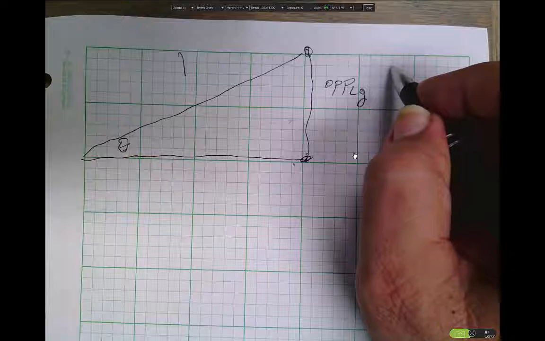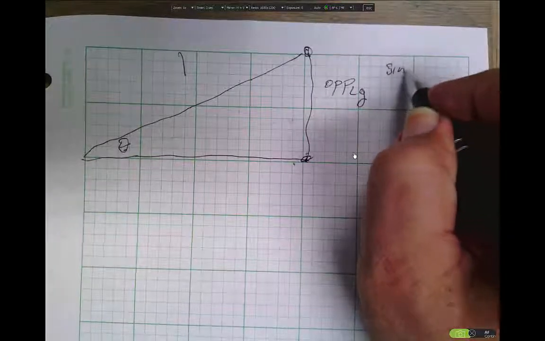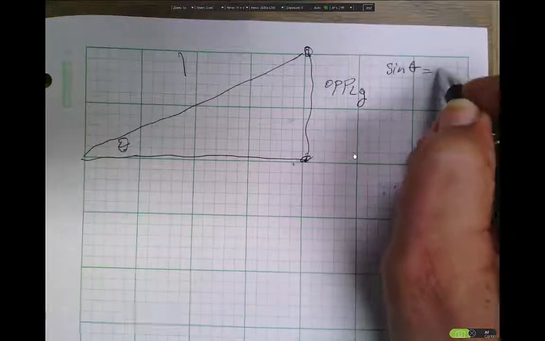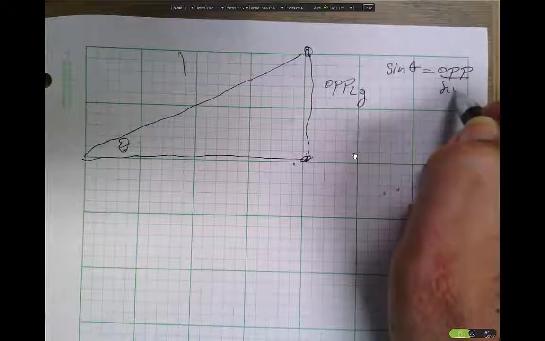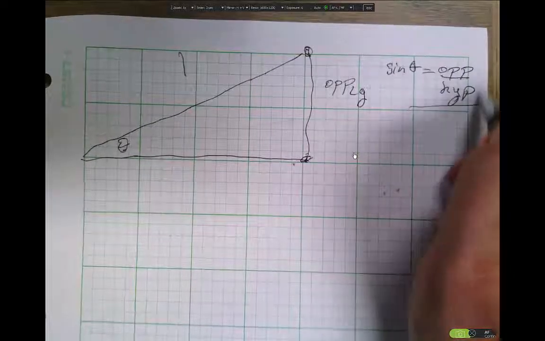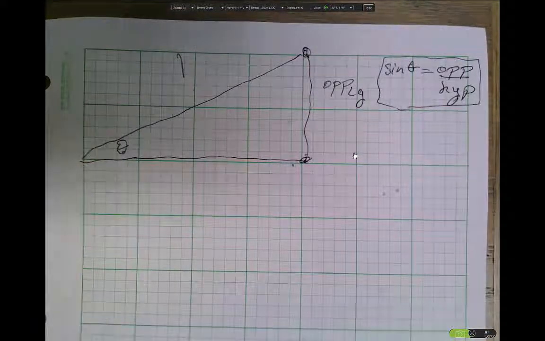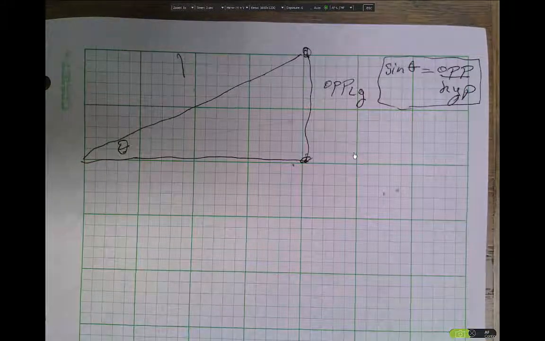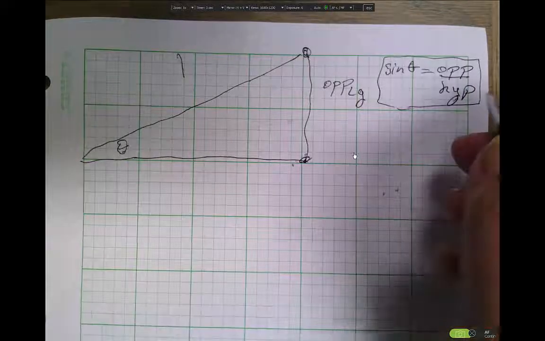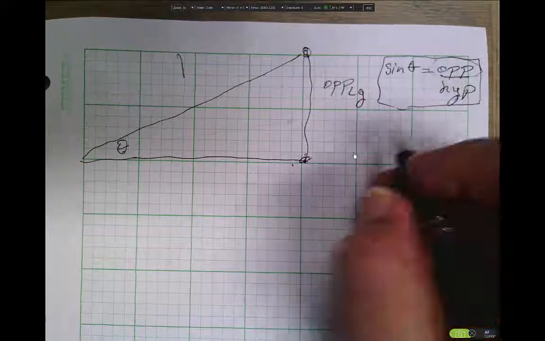I'm going to write down the definition of the sine of theta. Now, this is a definition of the sine of theta. I'm going to do something very unorthodox. I'm going to treat this as if it were an equation, and I'm going to solve for the opposite side.